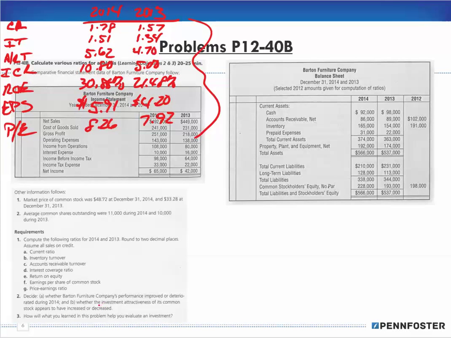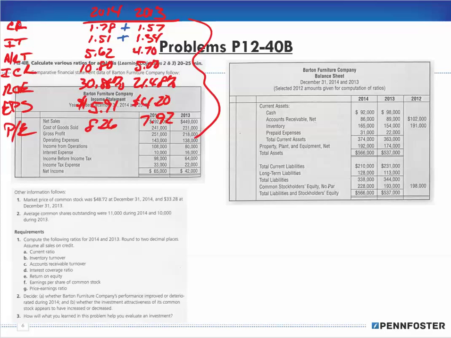Now remember, a ratio, one number in and of itself, like 1.78, doesn't really mean anything on its own, but it does mean something in comparison to something else. So for the current ratio, that increased, our inventory turnover, that increased. What does each one of those mean?